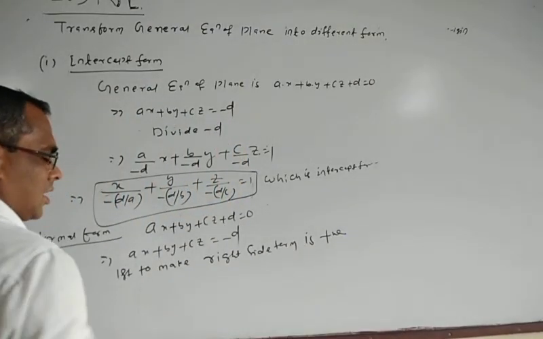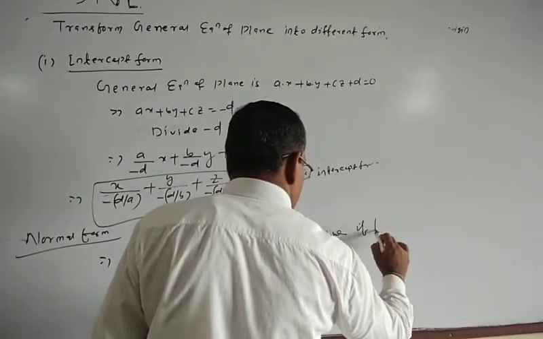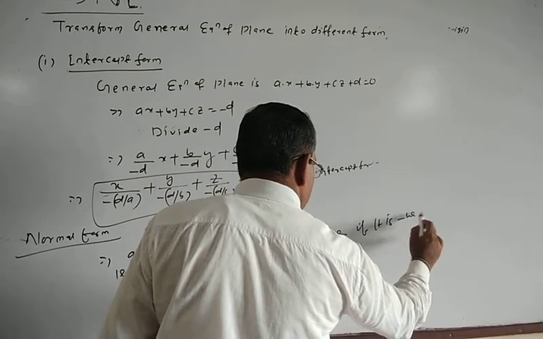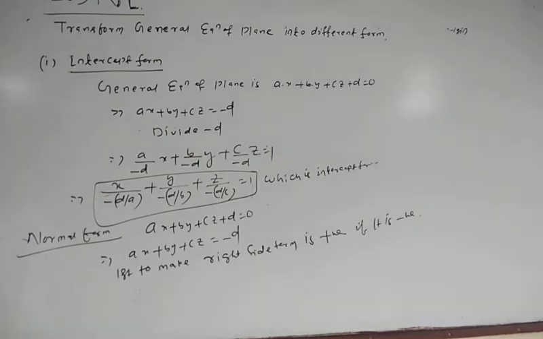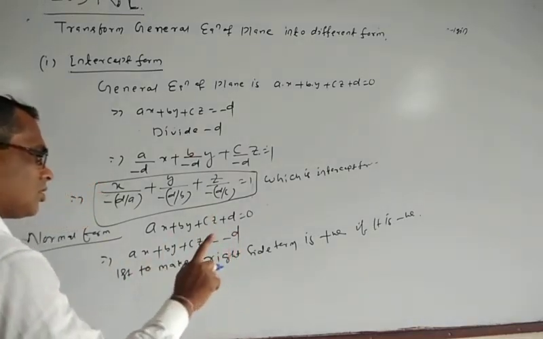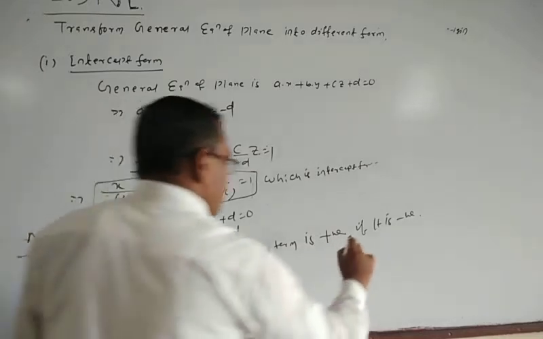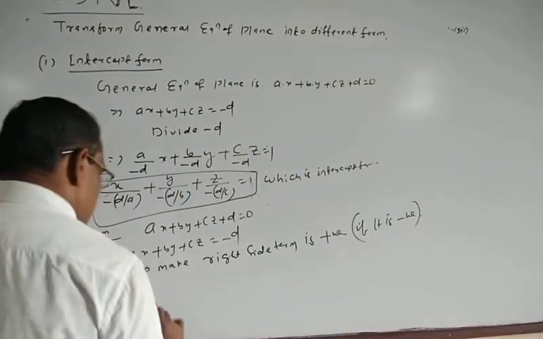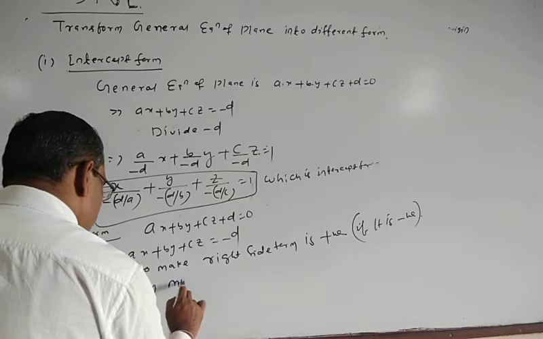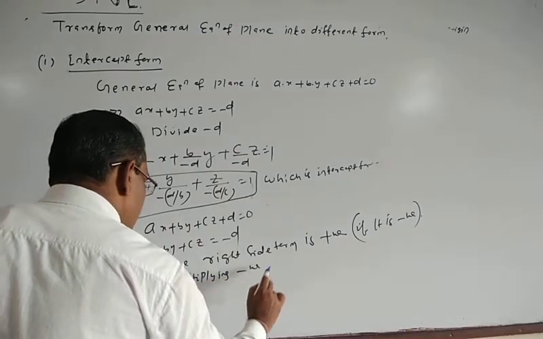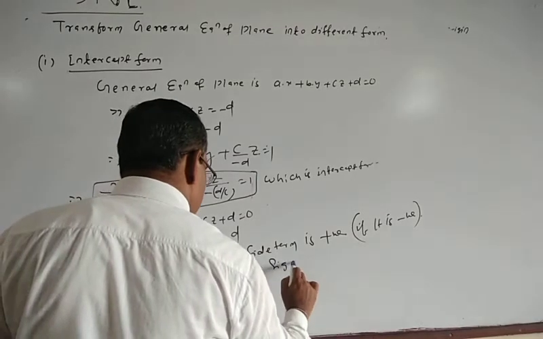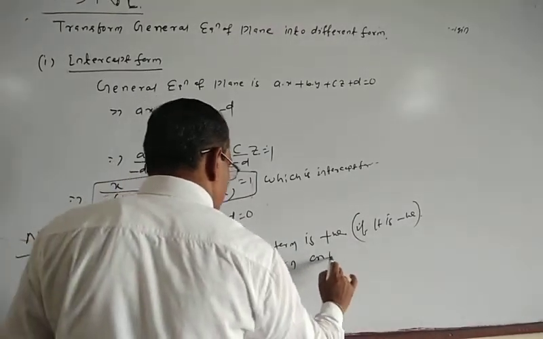If it is negative, then make it positive by multiplying by a negative sign on both sides.